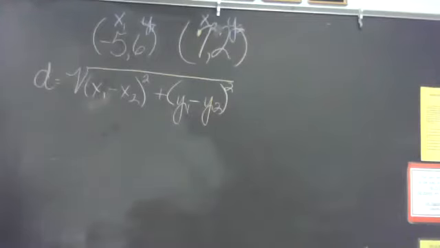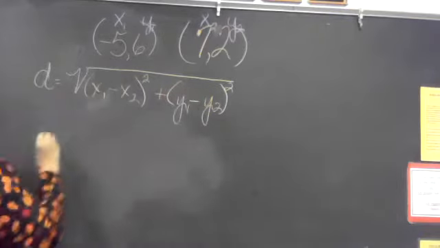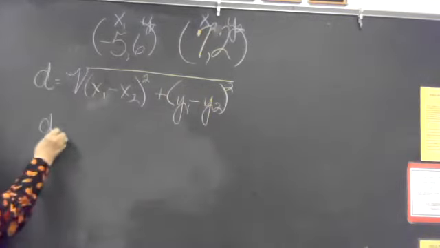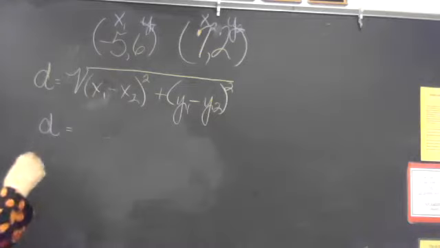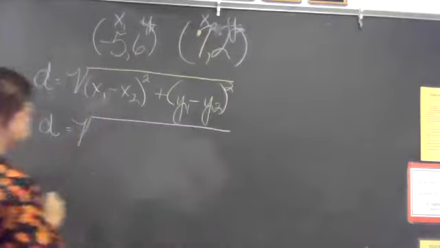Now all you have to do, just like the formulas we used in volume and area and surface area, is write the formula and follow it. So we're going to say distance equals the square root of a bunch of stuff.